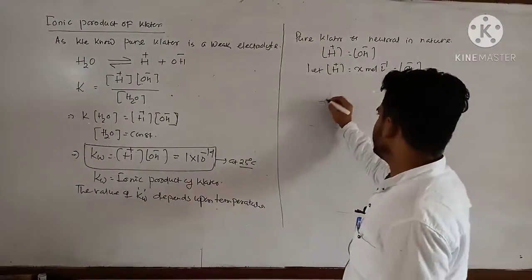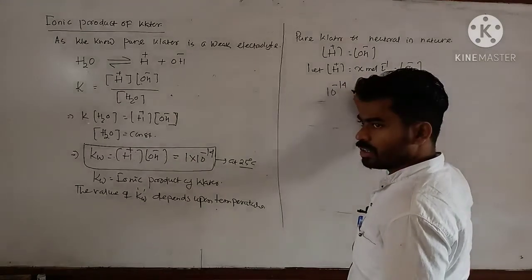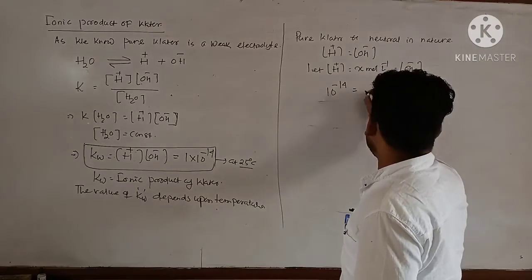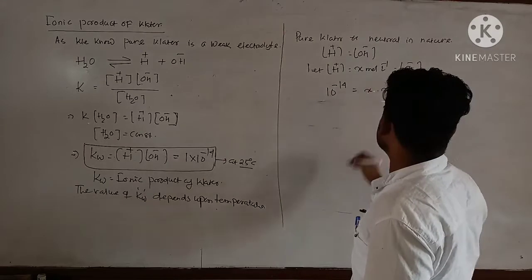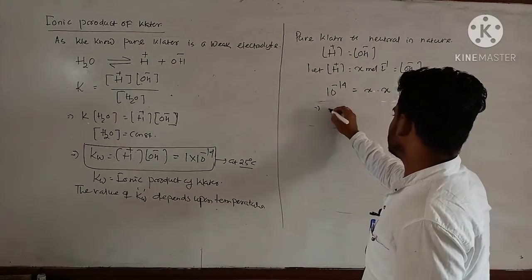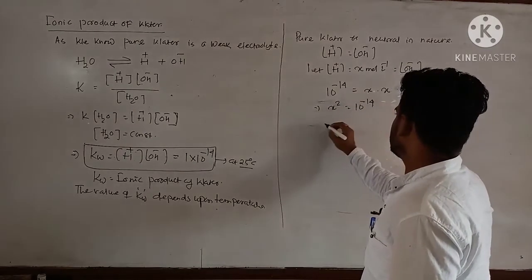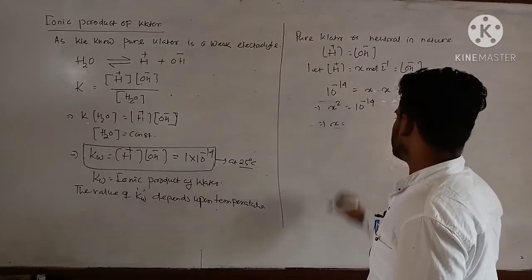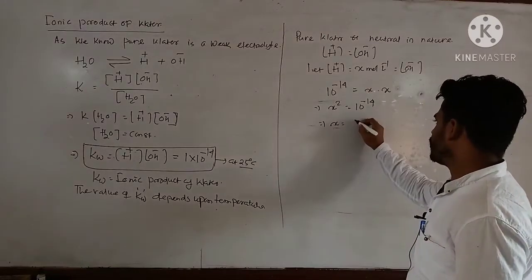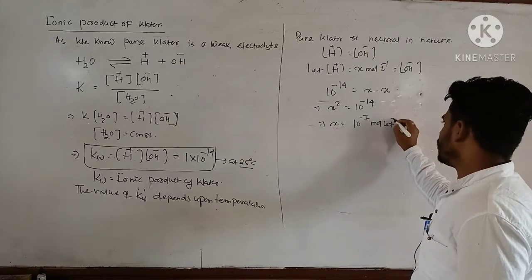So what can I write? The Kw, that is 10 to the power minus 14, that is equal to X into X. So that implies X square is equal to 10 to the power minus 14. So each X, the concentration of each ion, will be equal to 10 to the power minus 7 mole liter inverse.